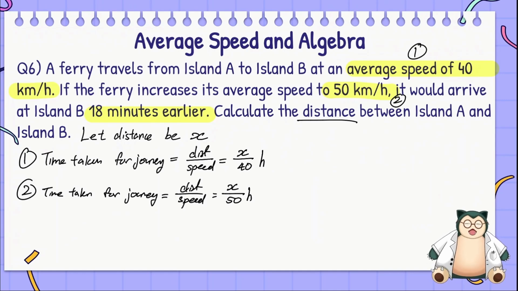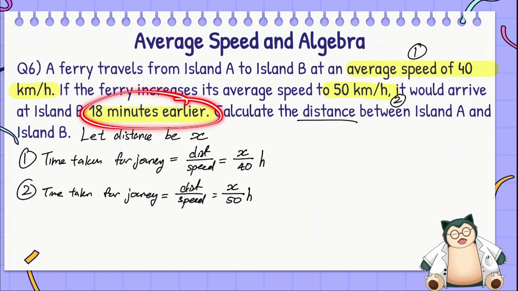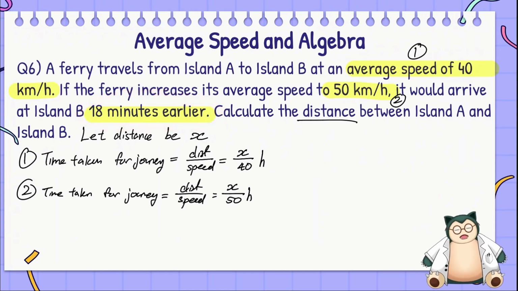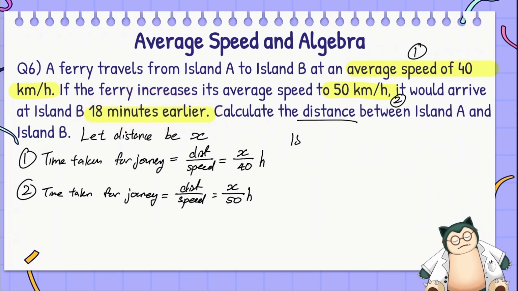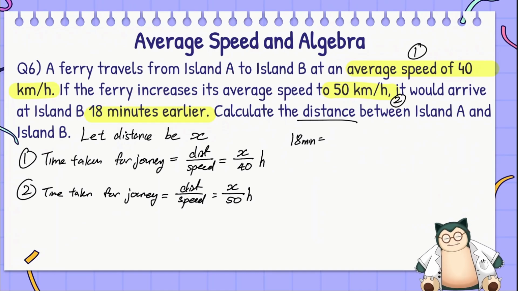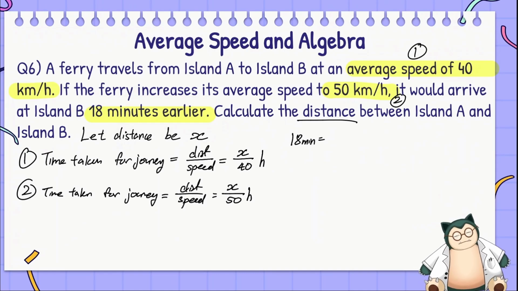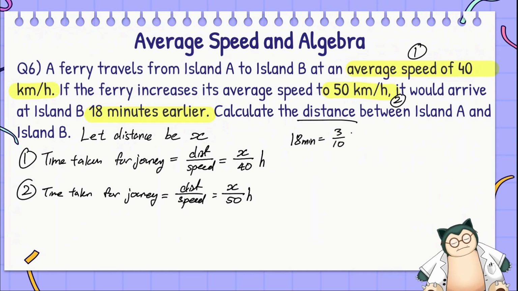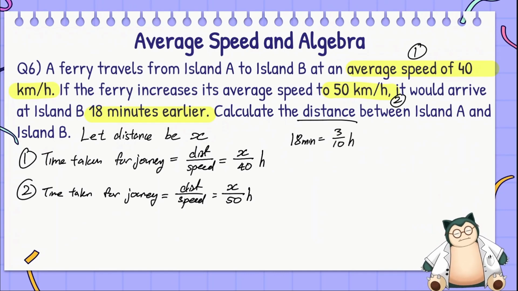Okay, how do we join them with 18 minutes? Okay, so firstly, we convert 18 minutes divided by 60, which would be 3 over 10 hours. Okay, so let's form our equation.